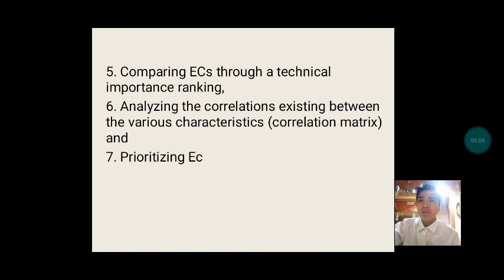So number 6 component is analyzing the correlationship existing between the various characteristics. Correlation matrix.